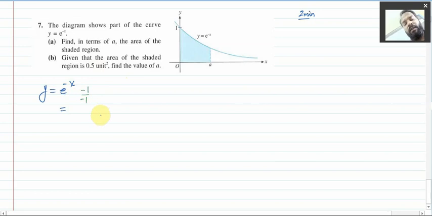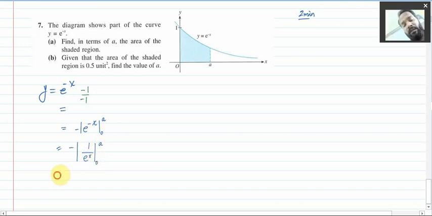Now the derivative is present, so the function is ready to integrate. It's minus e to the power minus x, right? And the limits, it says from 0 to a. So now it's minus, and if I reciprocate it, it will be 1 upon e to the power x, and we have from 0 to a, right?